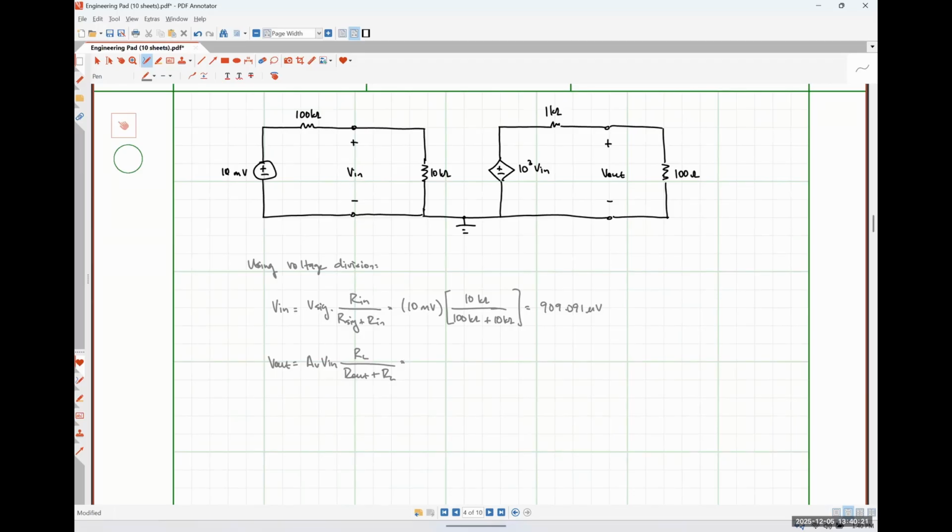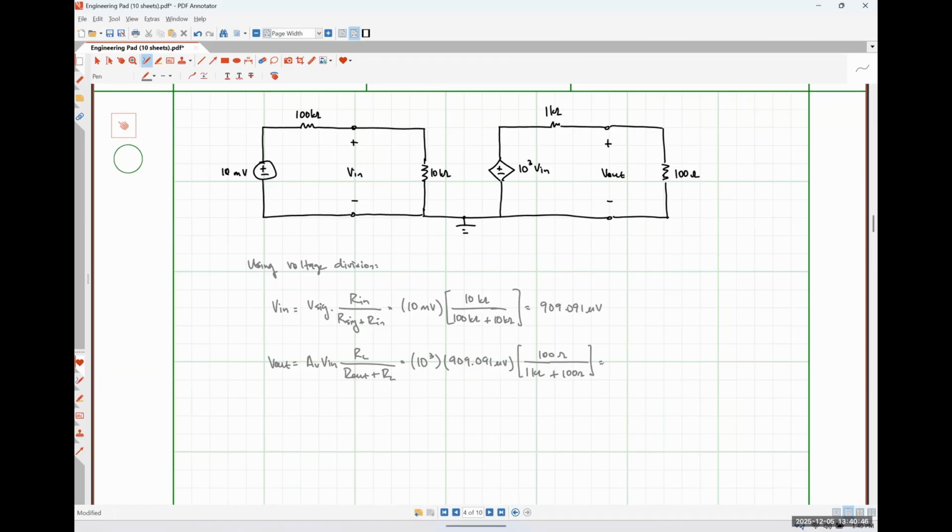So that comes out to be 10 to the 3 times 909.091 microvolts times, let's see, 100 ohms over 1 kilo ohm plus 100 ohms.